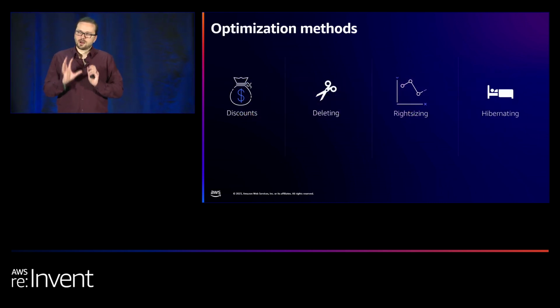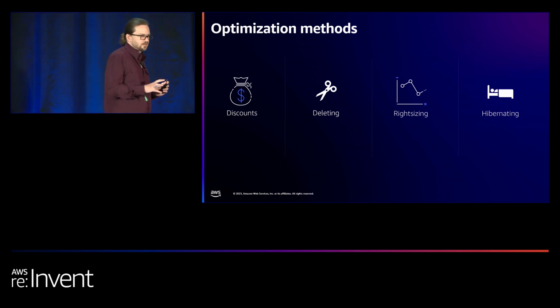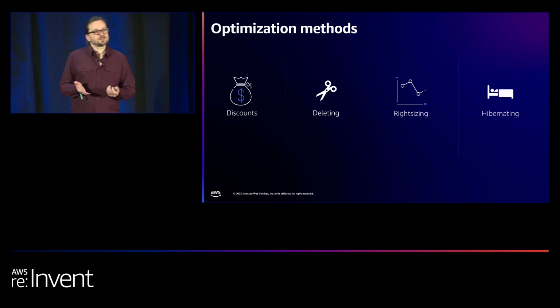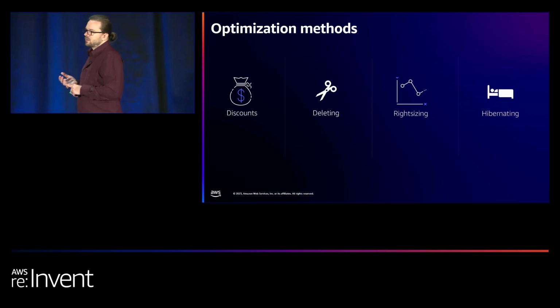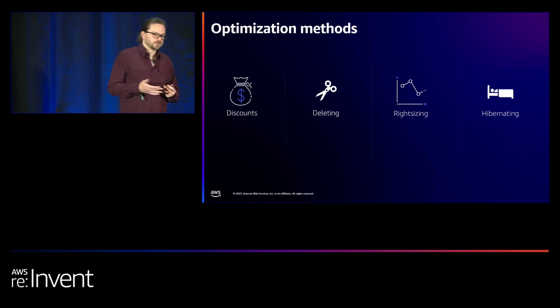So within optimization, we think of 4 key mechanisms or methods to save money on cloud without hurting the business value of your resources. We think of discounts: savings plans, reserved instances, any sort of discount model that helps you reduce the cost associated with individual resources.